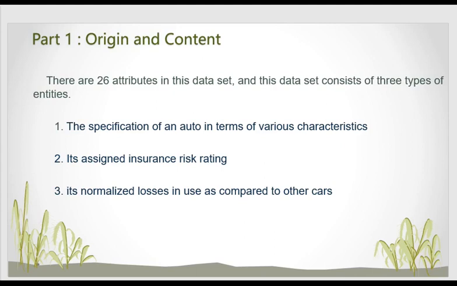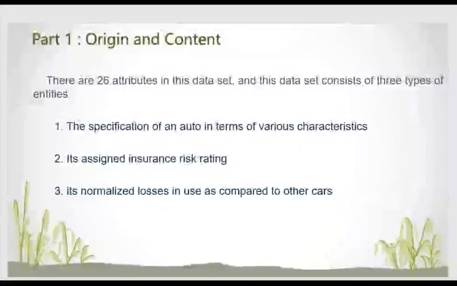And also we have got the fuel types. Is the car gasoline or electric or hybrid, and so on. And also we got other characteristics such as the safety features, which the car is equipped with, such as airbags, anti-lock brakes, and so on.